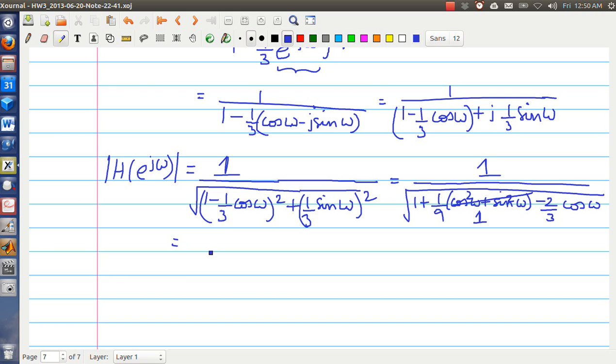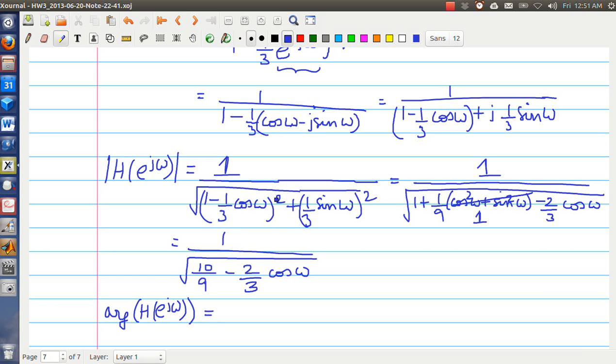So you're left with 1 over square root of 1 plus 1 over 9, which is 10 over 9, minus 2/3 cosine omega.